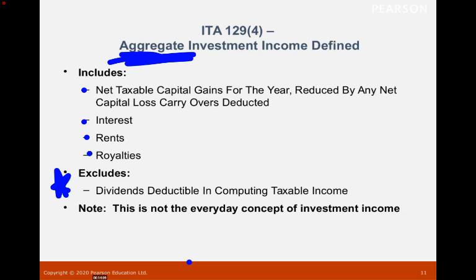For this purpose, this definition of aggregate investment income specifically excludes dividends. And the dividends we're talking about are the dividends which are deductible in computing our taxable income, right? So we learned about those in Chapter 12. If they're dividends that came from a taxable Canadian corporation, and they're coming to another corporation, we don't tax them in the middle.